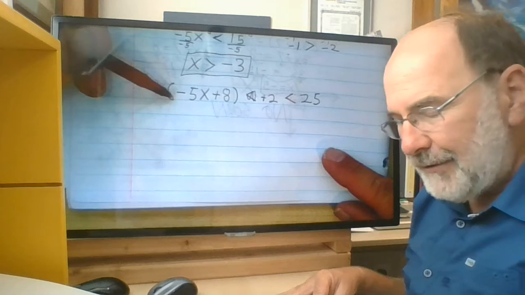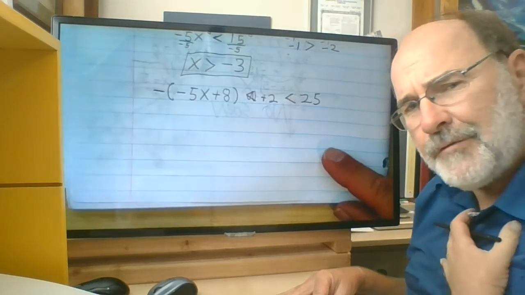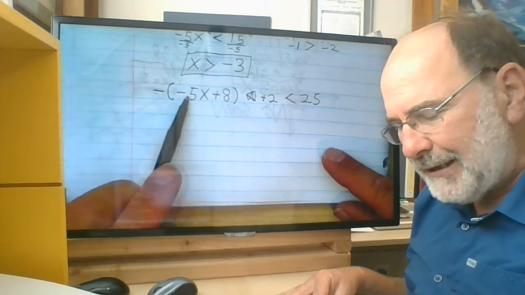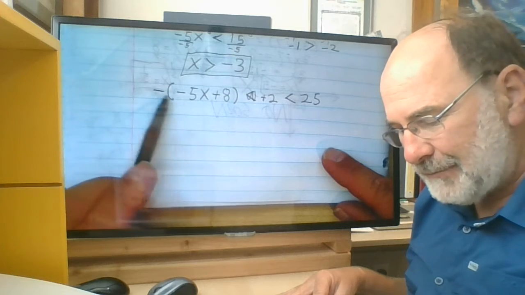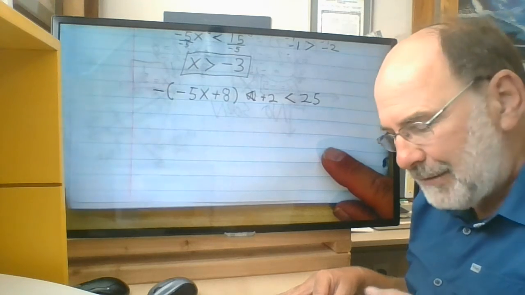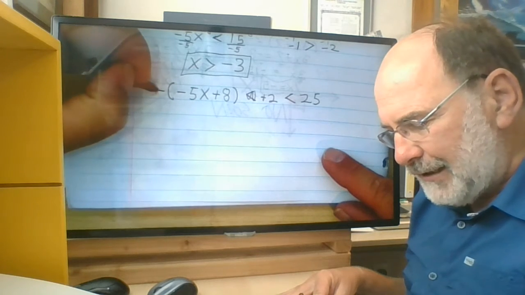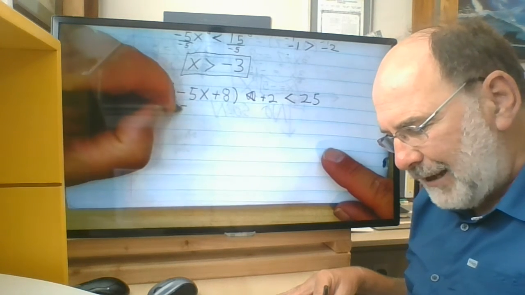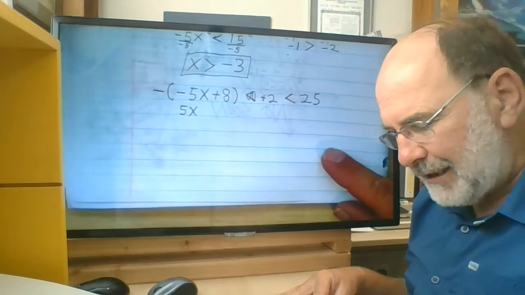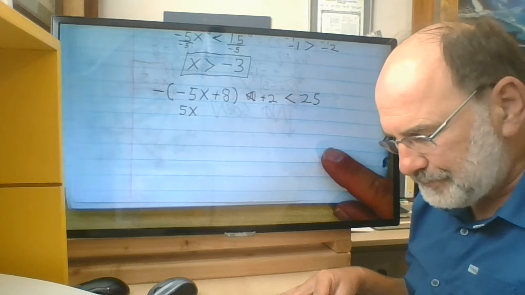What I do on the left, well, for me personally, I would like to distribute this minus sign. A negative times a negative is a positive. So I'm going to do 2 steps at once. A negative times -5x means positive 5x. I'm distributing that minus.